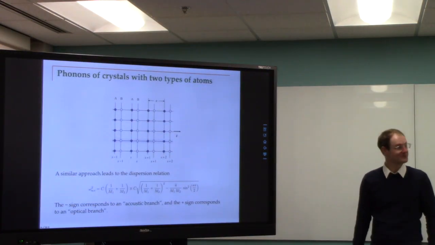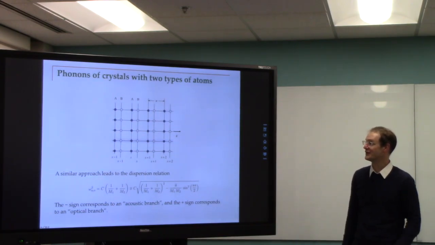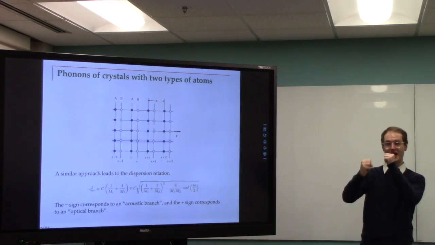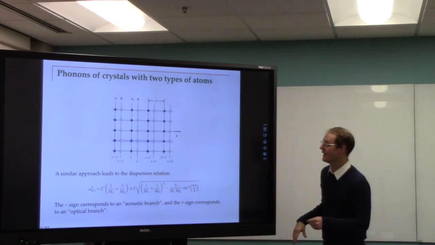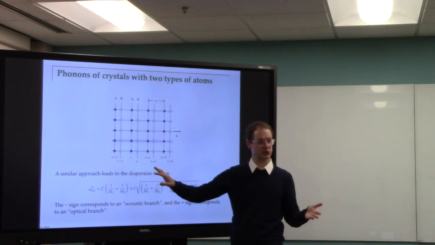Okay, so what happens if you have a more complicated type of solid? If you have a crystal that has two different types of atoms, like, say, sodium chloride, then the problem is a little bit more complicated, but you can treat it in an analogous fashion.